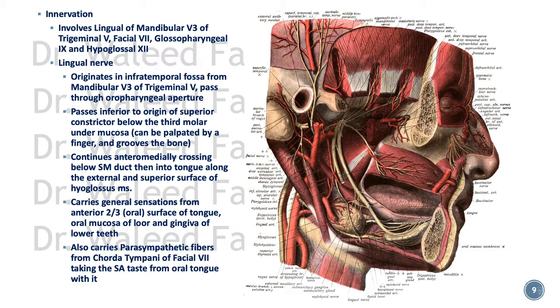Now, you know that there is anterior 2/3, posterior 1/3, separated by the sulcus terminalis. And of course, in front of the sulcus terminalis, the vallate papillae that have taste buds on their sides too.